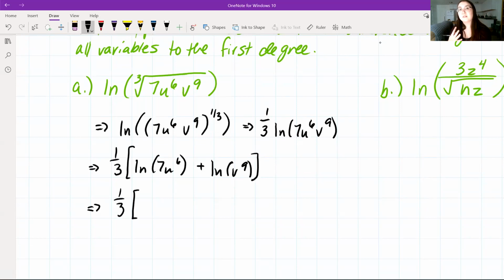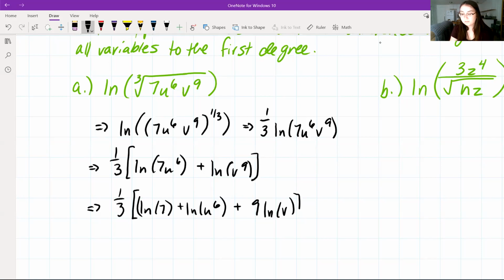The exponent of 6 is only being applied to u, so we have two separate things being multiplied. So now we'll need to separate our natural log of 7 and our natural log of u to the 6th power. This gives us the natural log of 7 plus the natural log of u to the 6th power. Now, v to the 9th power is the only thing we have to worry about, so let's take out that exponent. When we do that, we get 9 times the natural log of v.